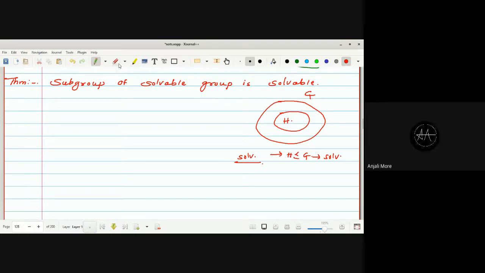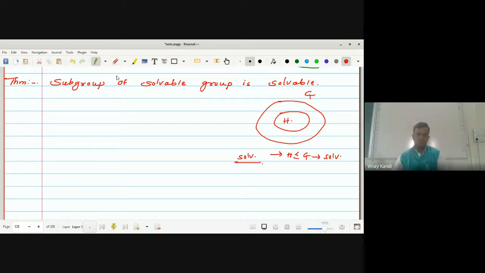So here we have to show that this H is also solvable. Proof.